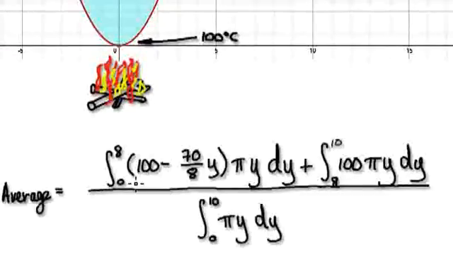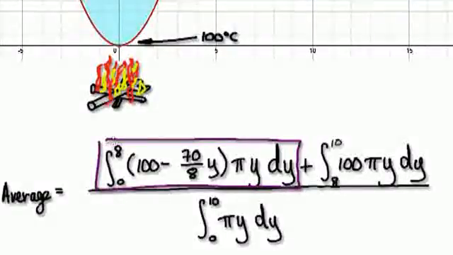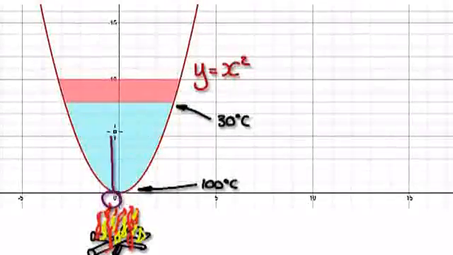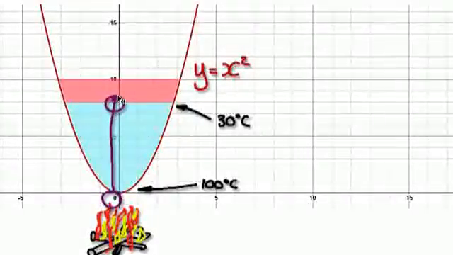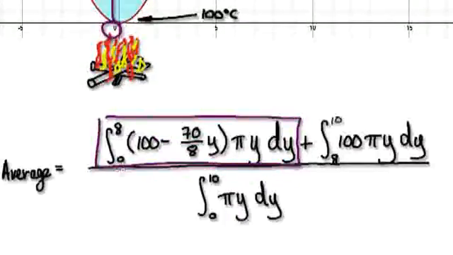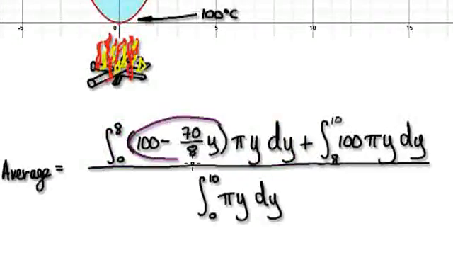Remember, we're summing up everything from, hang on, this bit here is really us taking care of the blue section here. Okay. So remember, it's from 0 to 8. So the blue section is from 0 to 8, and this bit here is the temperature.